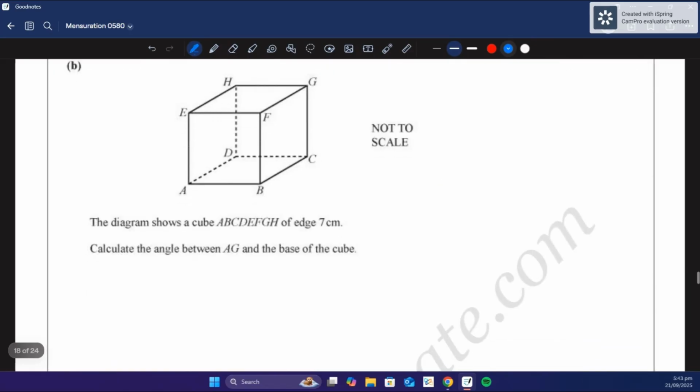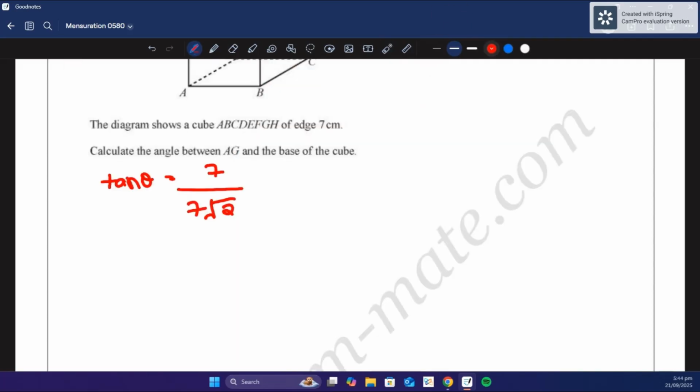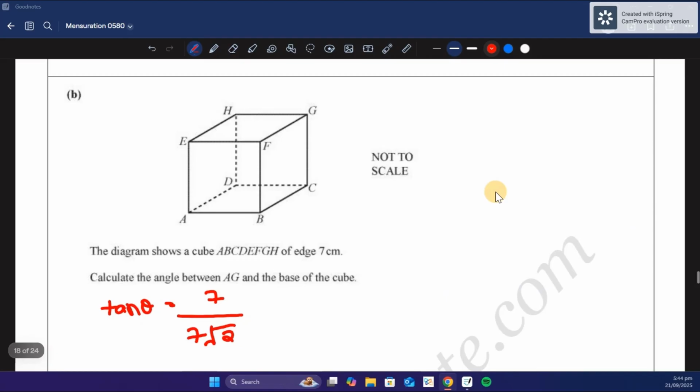Part B. Alright. So, for a cube of edge 7, we need to calculate the angle between AG and the base of the cube. So, AG and the base. Okay, this angle basically. So, we know that AC would be 7 root 2.